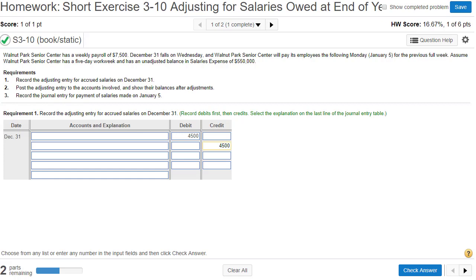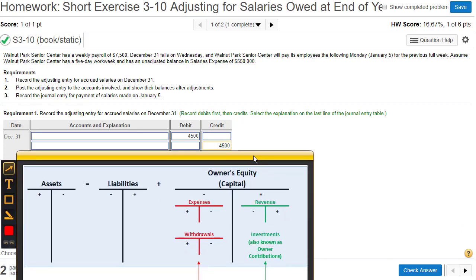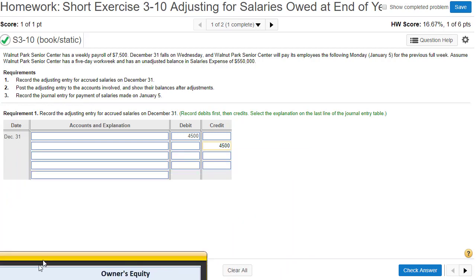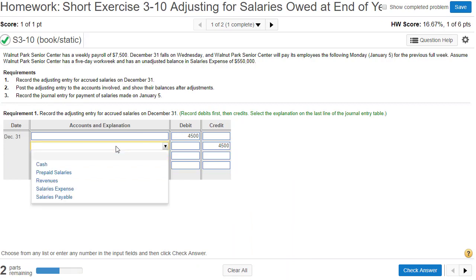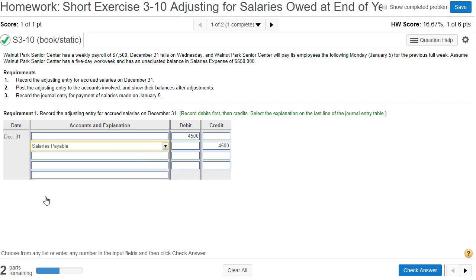The easiest thing to logic our way through first is the debt that the company now owes to its employees. So the company now owes $4,500 to the employees. That's a liability. Is this liability decreasing or increasing? Well, it's increasing. So we have to credit some type of liability that shows that we owe our employees money. This company calls it salaries payable. They could have called it wages payable. It all depends on what they choose.